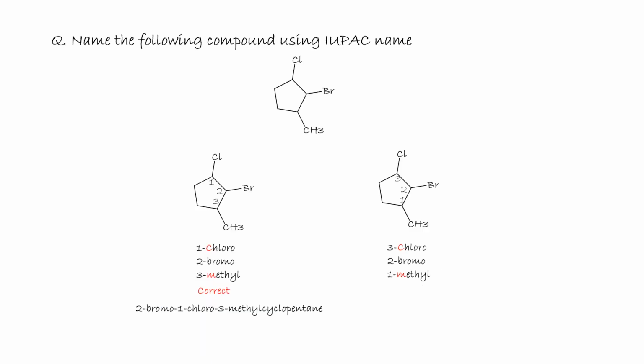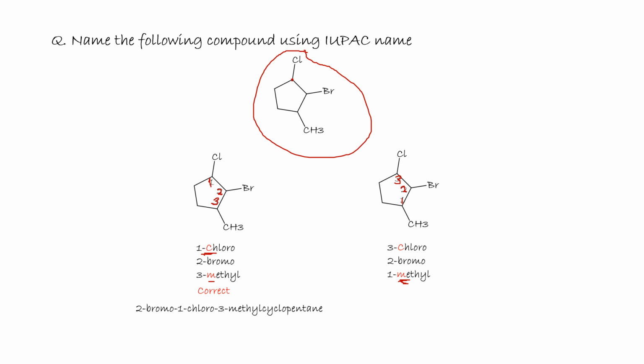Name the following compound using IUPAC. This compound you can number starting from the chloro 1, 2, 3, or you number from the other way around 1, 2, 3. The same system, right? Then I will look at the alphabet. It's 1 chloro, 2 bromo, 3 methyl. Either we start with C or we start with M, which comes first in the alphabet?